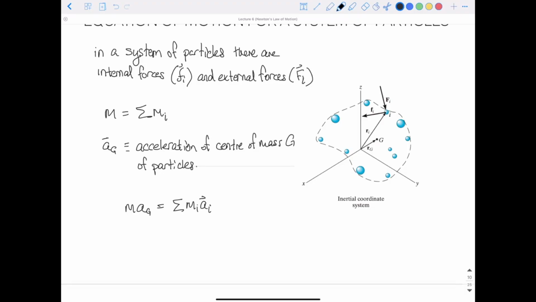So for a system of particles, the sum of the external forces acting on the system is equal to the mass times the acceleration of the center of gravity.